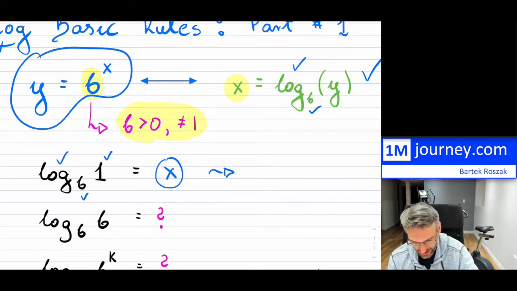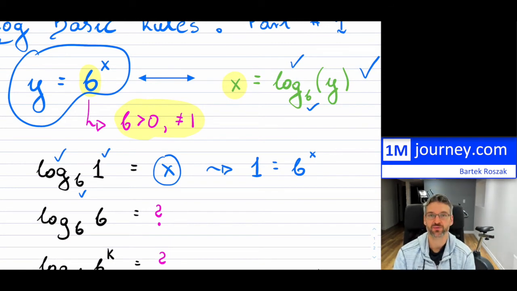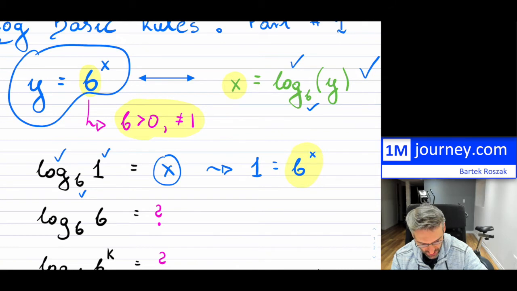If I rewrite it in this form, then I will have that 1, which is my y, is equal to my base b raised to some exponent, which is x, which is what I'm trying to find. If you know that the base raised to some exponent x always gives you an answer of 1, the only time that happens is if x is equal to 0, right?